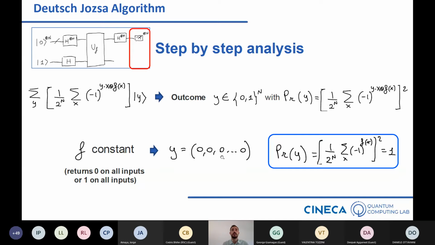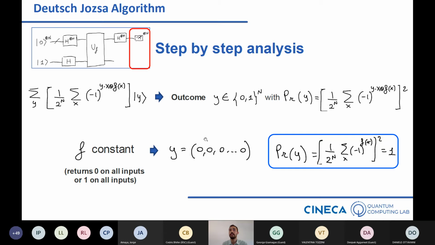No, sorry. Imagine that we want to calculate the probability of finding the string 0000, so the probability where y is a collection of zeros.